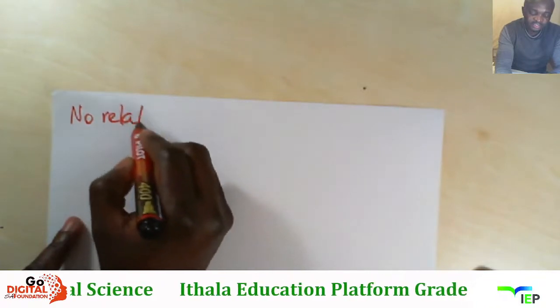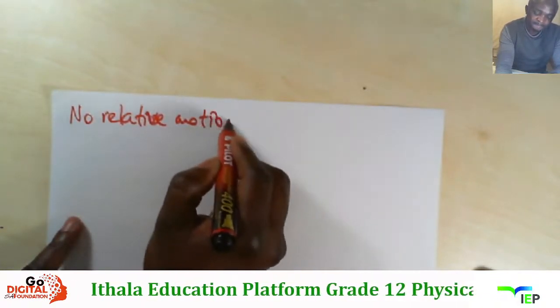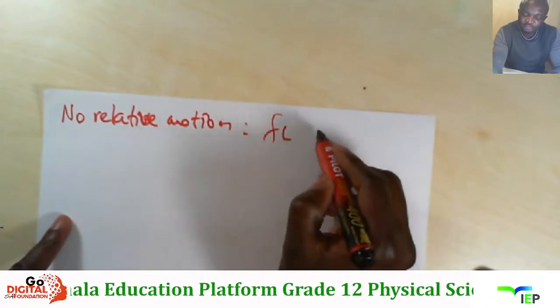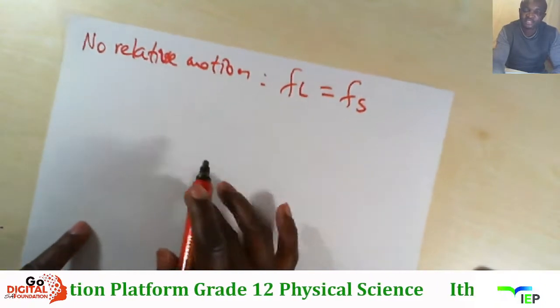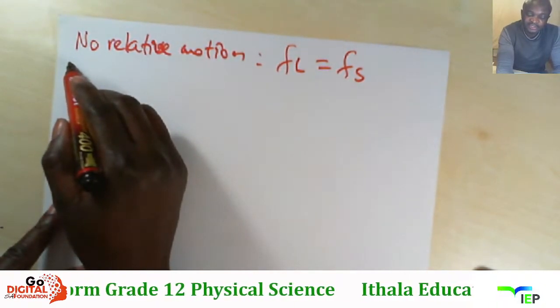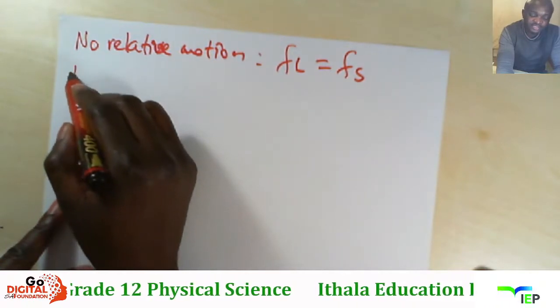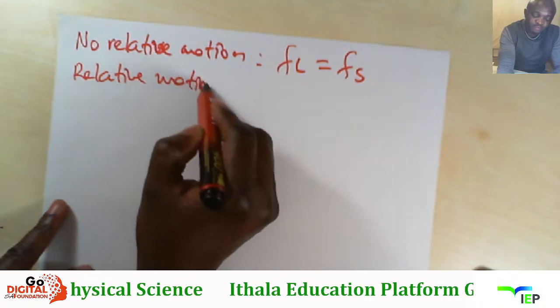No relative motion: when there is no relative motion, the frequency of the listener equals the frequency of the sound that is being produced. When there is relative motion, we have two possibilities.